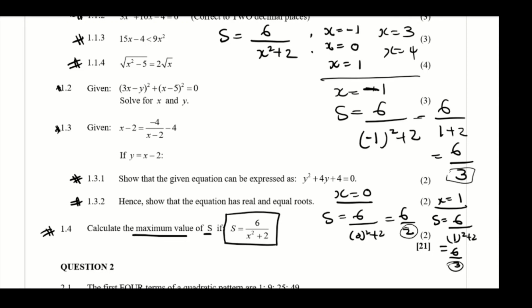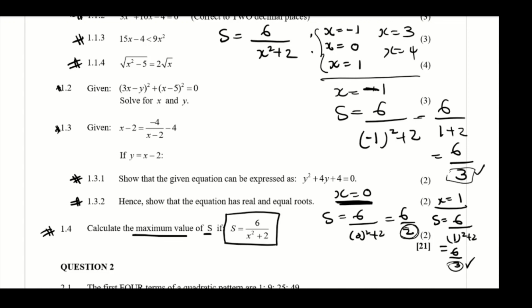So which denominator is smaller between these three x values that I've just tested? It's this x value. The denominator is 2. That is the smallest denominator. These ones are larger. It's 3, it's 3.